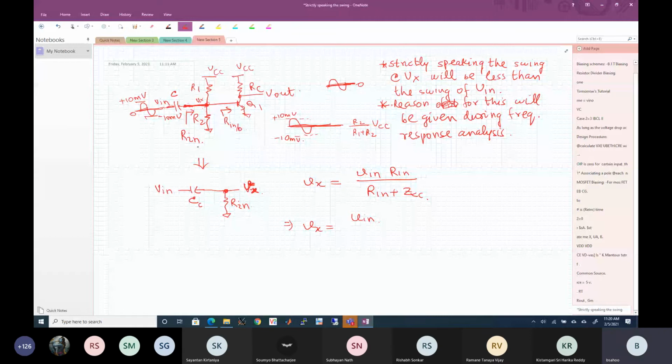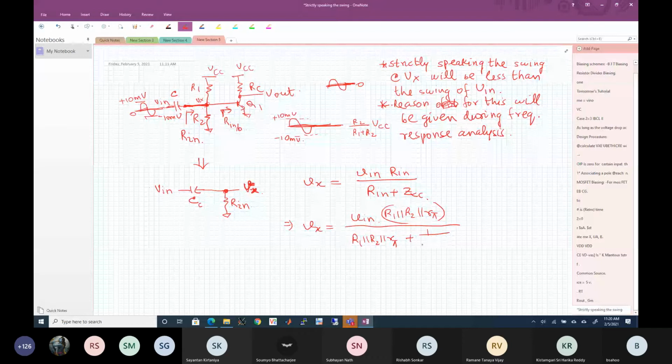And what is the resistance looking into the base here? It is r pi. So therefore Rin equals R1 parallel R2 parallel r pi, divided by R1 parallel R2 parallel r pi plus 1 by j omega C.